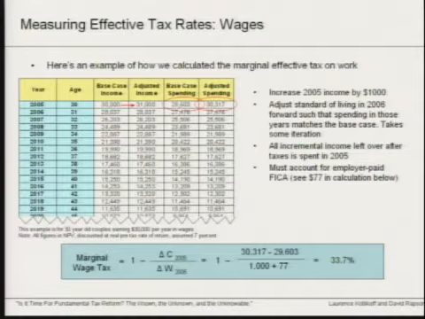What I would do is give the household an extra $1,000 in the adjusted income case, and that's going to result in a shift, as we know, of the consumption path throughout their lifetime. I would then use the standard of living adjustment feature to make sure that in all years from 2006 until the end of their life, I would adjust their spending back to what it originally was before I gave the additional income.